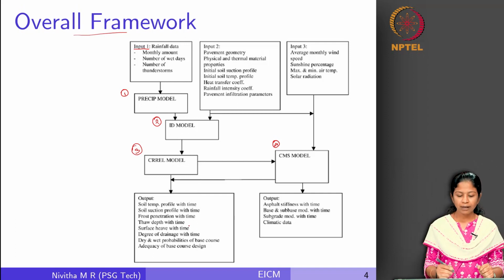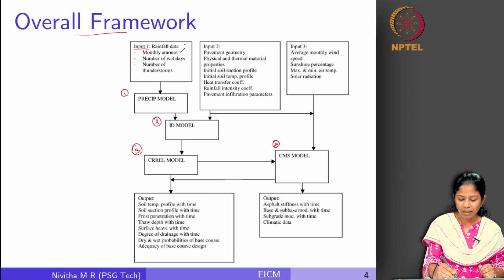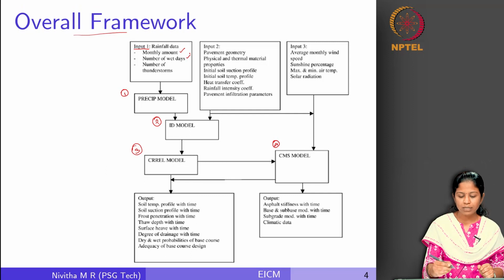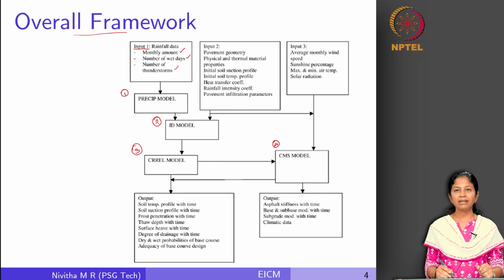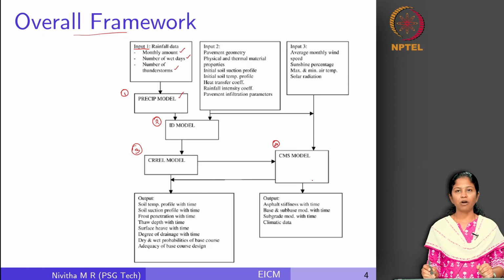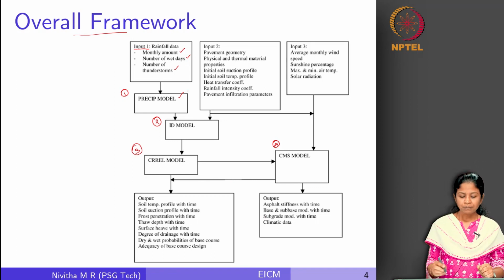In rainfall data, we will see the monthly amount of rainfall, the number of wet days present in a year, and the number of thunderstorms. These are the input parameters that we will require for the rainfall data. These input parameters go into the precipitation model. Again, in brief I will talk about all these models individually, but now let us just focus on this overall framework. We just see that it goes as an input into the precipitation model.